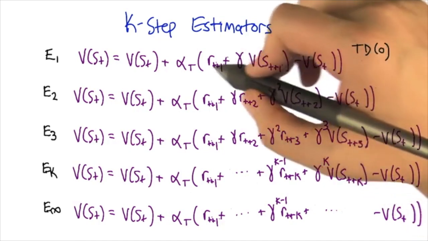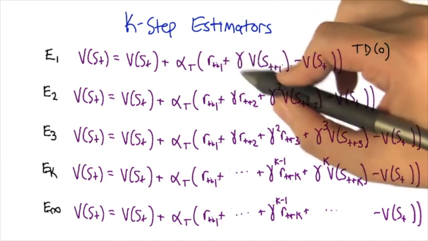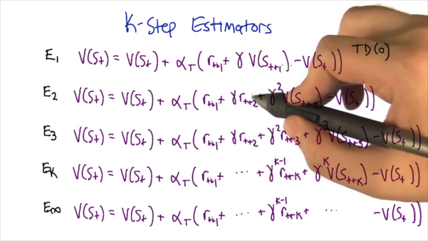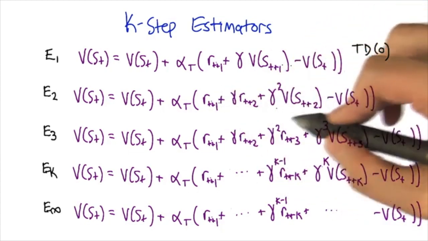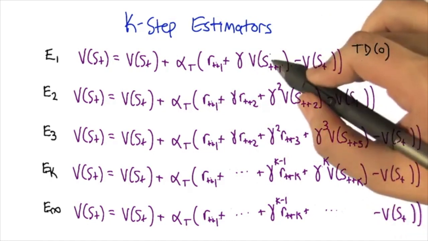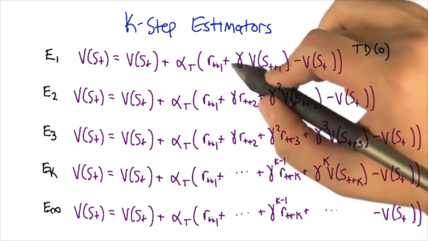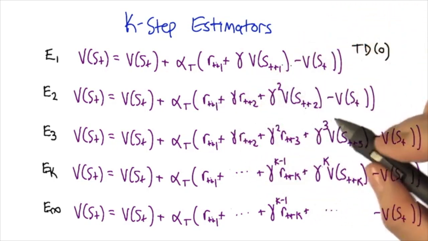So now instead of taking one reward and estimating the rest of the sequence using our current estimates, here we're taking 2 rewards as our immediate estimate plus our estimate of the future, taken as the state that we reach 2 steps from now. Does that make sense as an extension of that idea? No, that makes sense. So if E1 is a one-step look ahead, then E2 is a 2-step look ahead. Yeah, exactly. So we use 2 real steps, followed by this look-ahead thing.